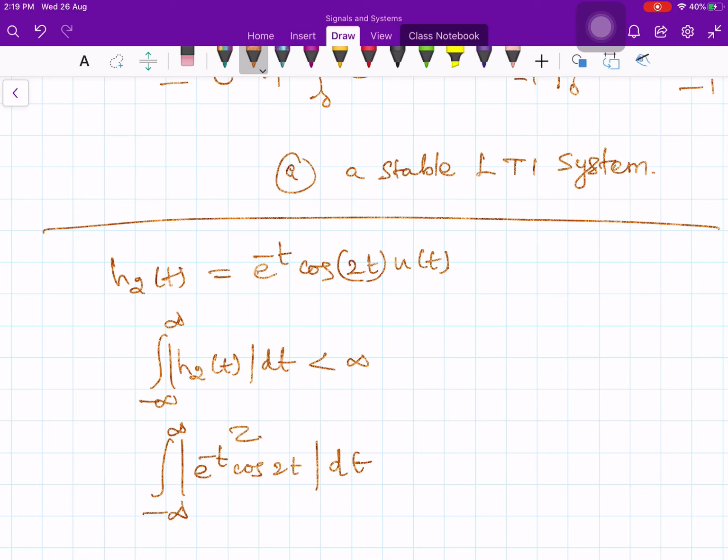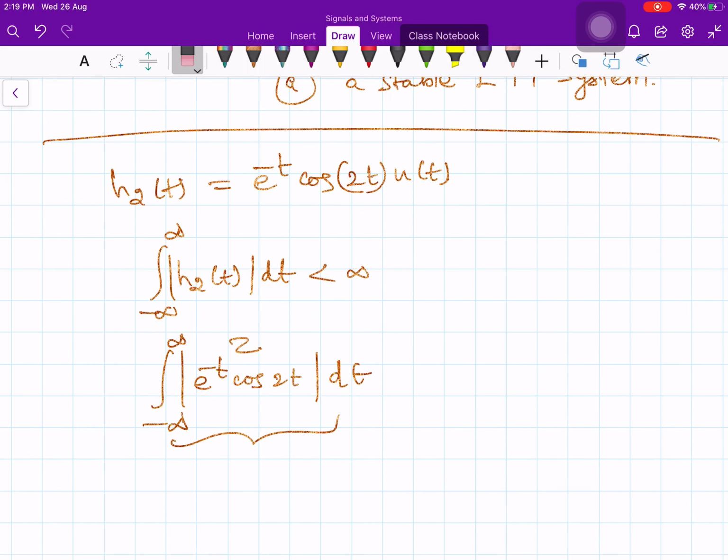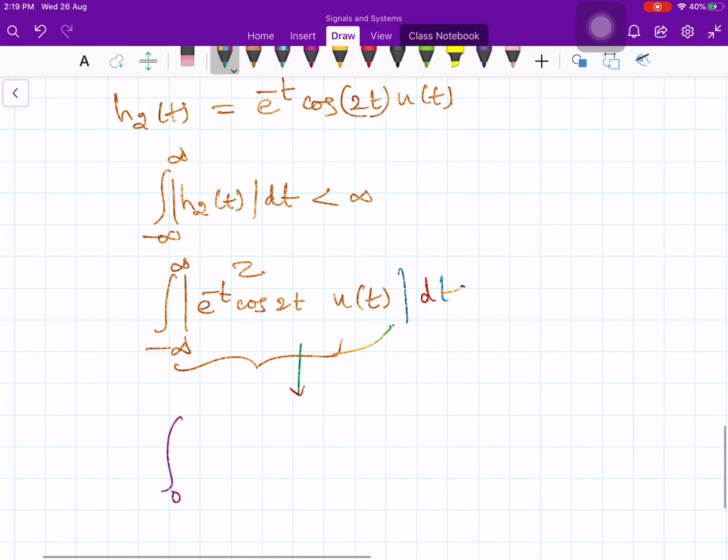I'm sorry, I forgot to substitute the value, u of t. Now I can write this as 0 to infinity e to the minus t cos of 2t dt, and this is absolutely integrable.